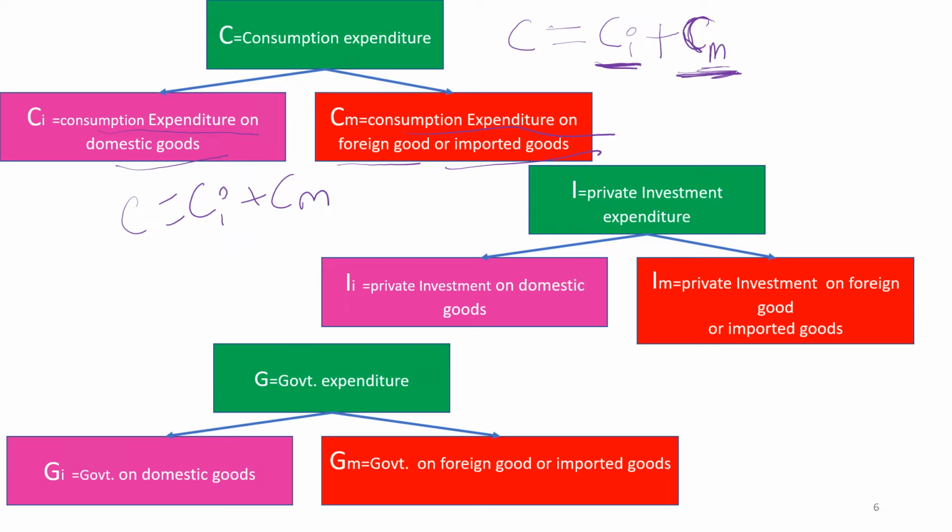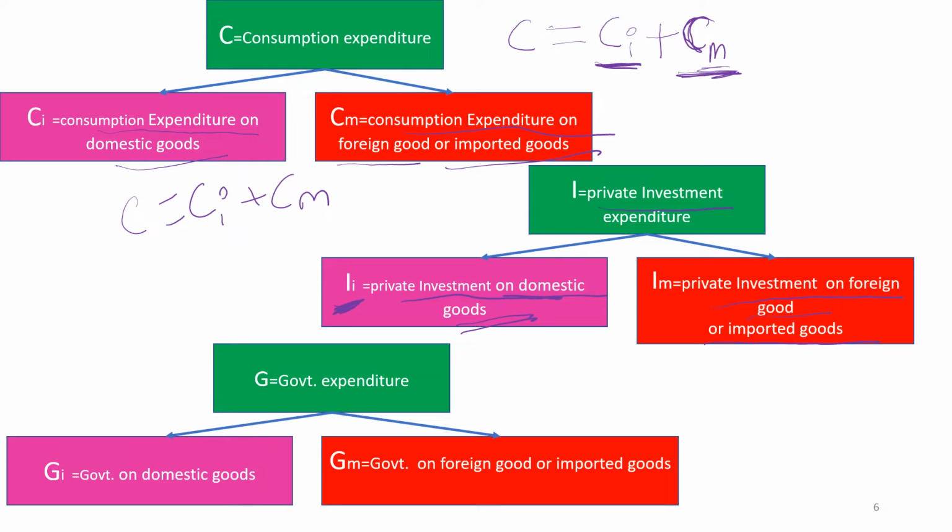In a similar manner, when you are going to make a private investment expenditure, when you are going to buy machineries, tools, equipment, maybe those tools, machines, equipment are produced domestically. Then if you buy Indian machines, tools, equipment, it is called private investment expenditure on domestic goods and is denoted by II. IM stands for private investment on foreign goods or imported goods.